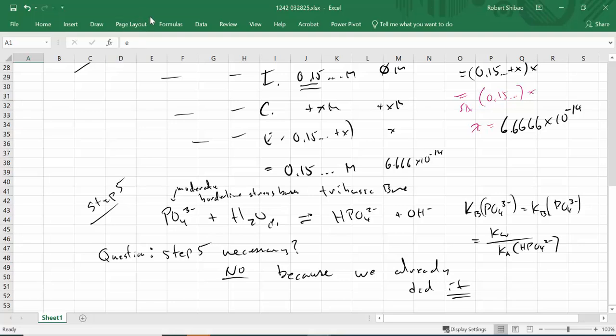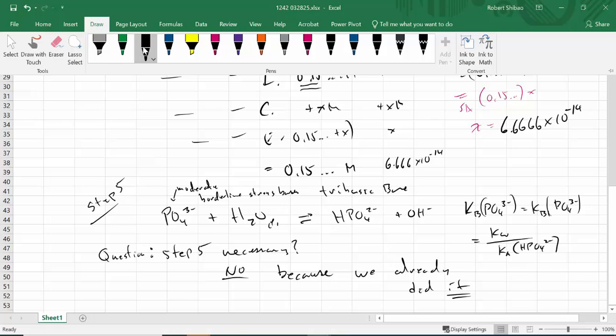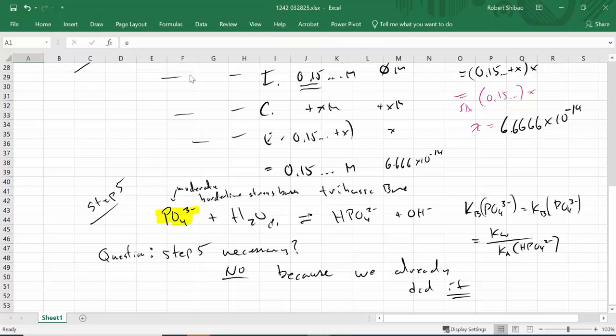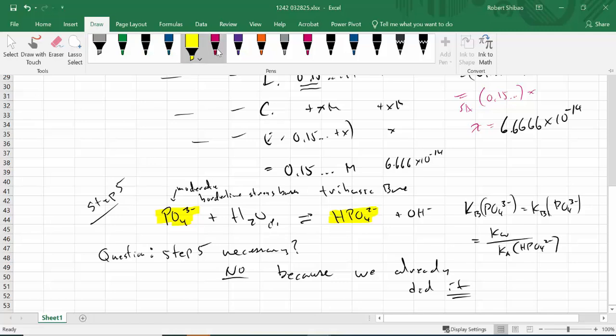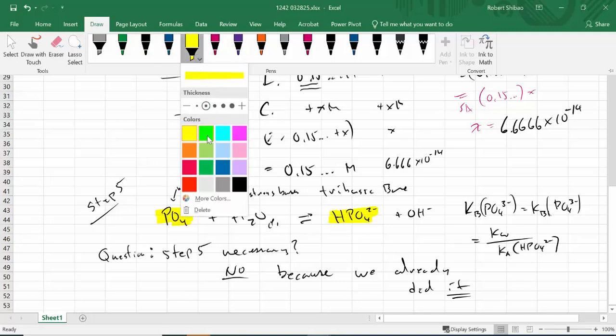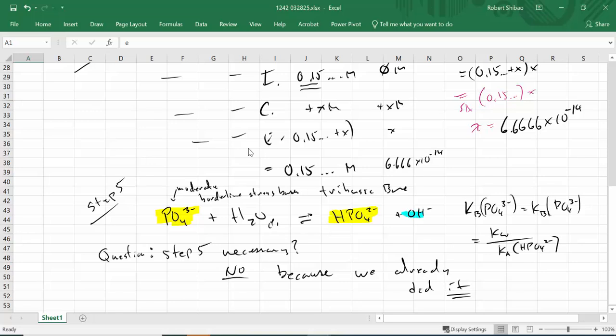We already did it. The way you can recognize that we already did it is this. This describes the equilibrium between phosphate and monohydrogen phosphate in terms of pOH.